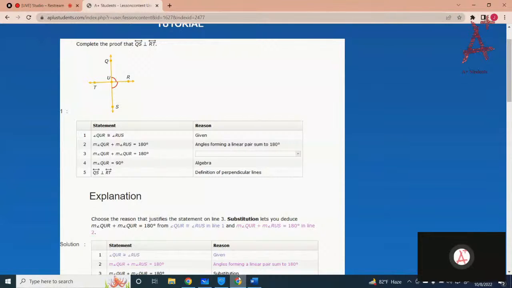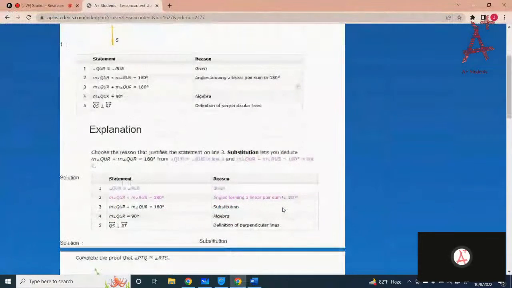Then the second one is measurement of angle QUR plus measurement of angle QUR equals 180 degrees. Because on the line, the reason for measurement of angle QUR plus measurement of angle RUS is angles forming a linear pair sum to 180.